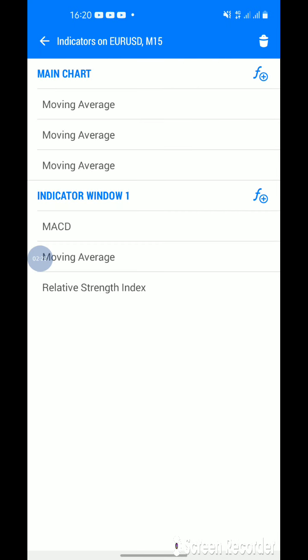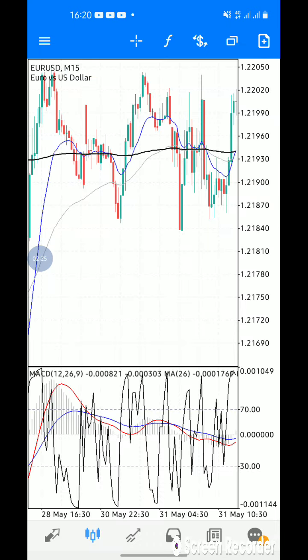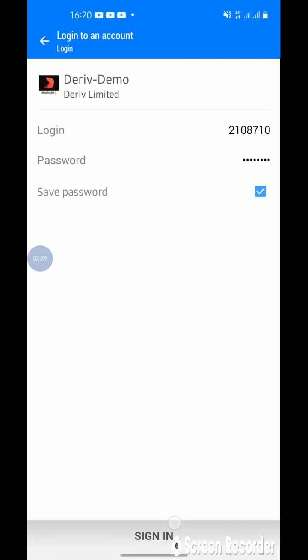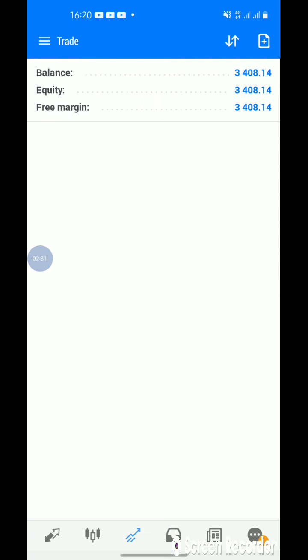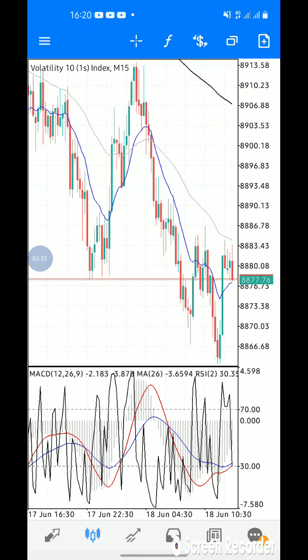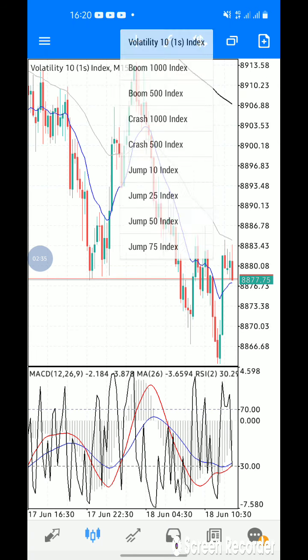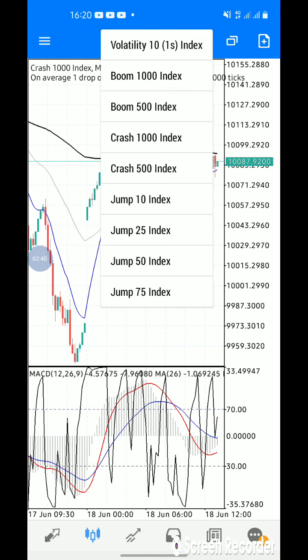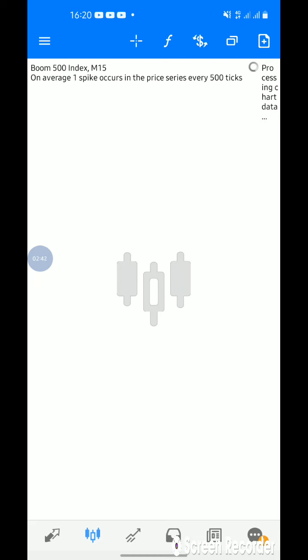Now, how do I commit these settings? I'll try to showcase it. Let me use Boom 500. So how do I set this on my mobile?